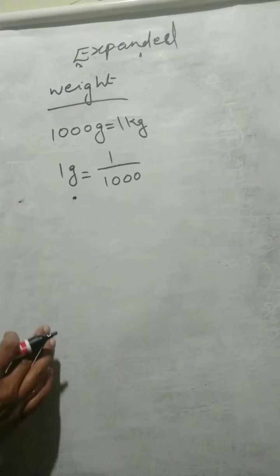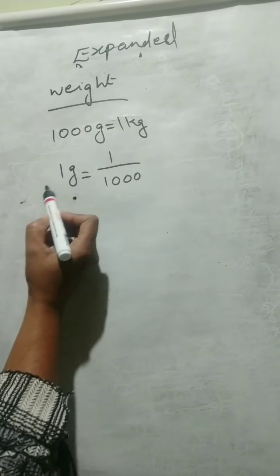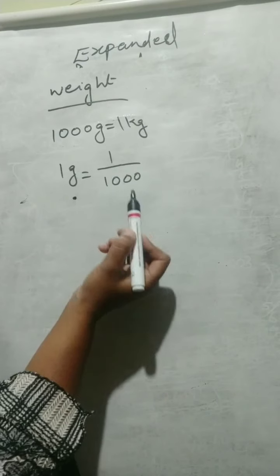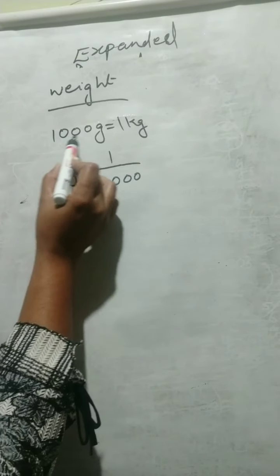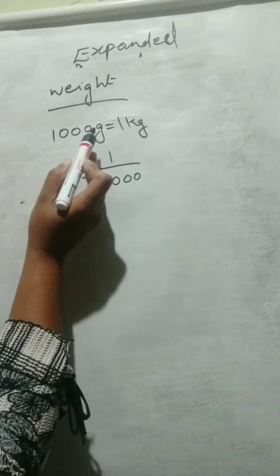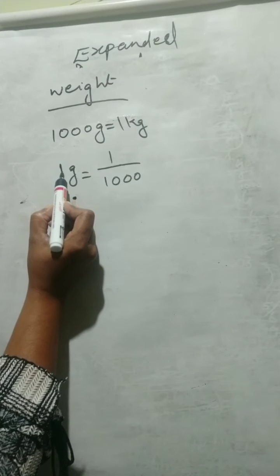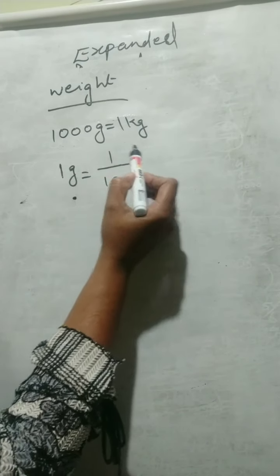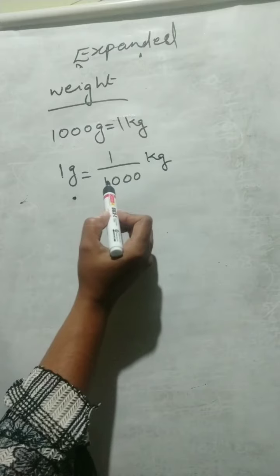1000 gram will be 1 kilogram. Among this 1000 we are getting only one. So kilograms also will be out of 1000, 1 only will be there.